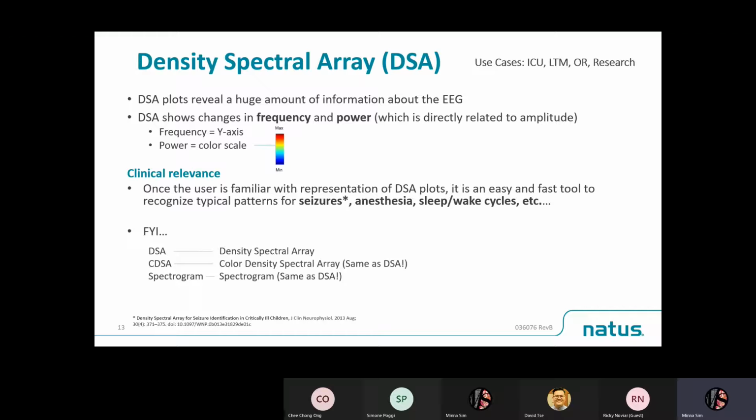And due to its graphical properties, it is also possible to identify sleep-wake cycle, sleep stages, seizures, and to monitor drug-induced coma and burst suppression. Just for your information, DSA, CDSA, and spectrogram are actually the same thing with different naming terms.